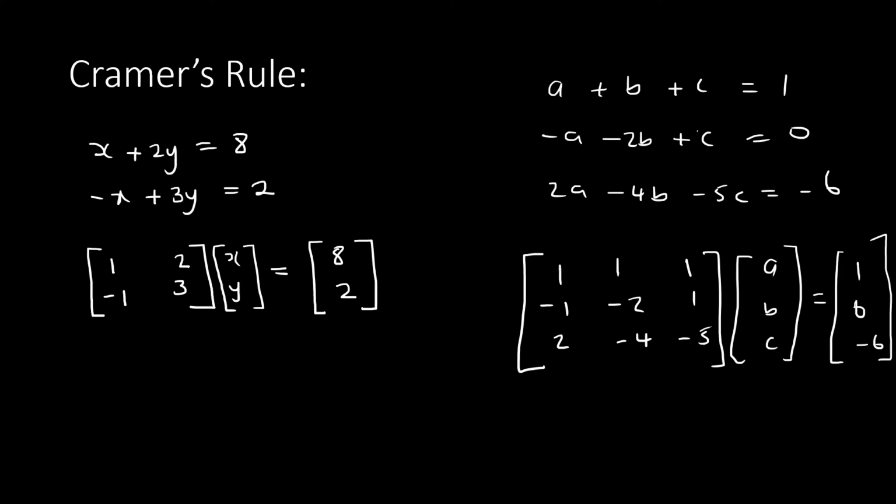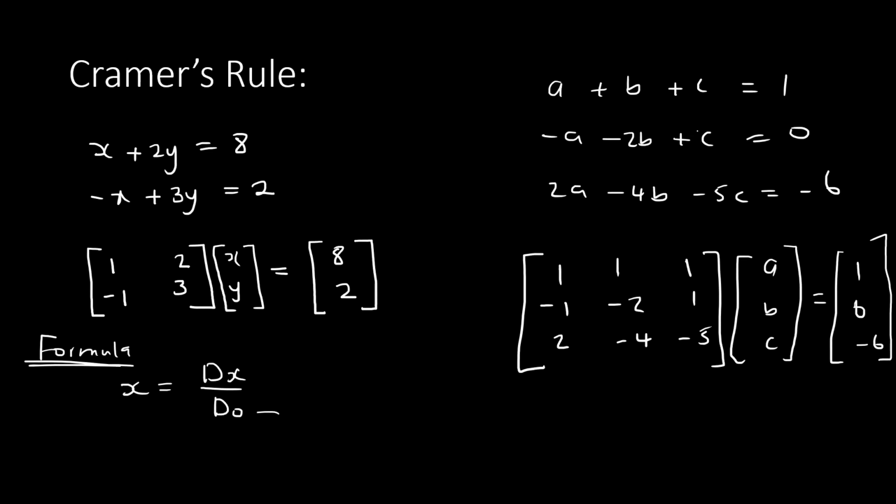Do you see? So now Cramer's rule. This is the formula for Cramer's rule. This is what we are here for. So if I'm looking for x, I will use the determinant of x over the determinant 0.